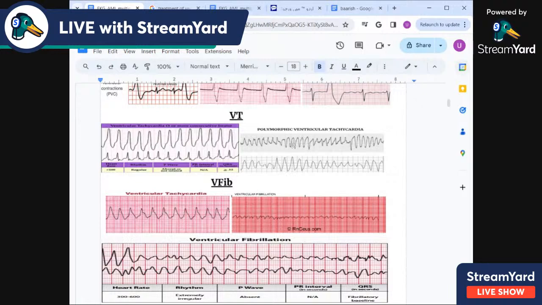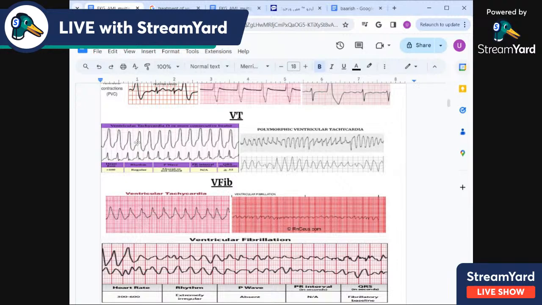This is ventricular tachycardia here. There are two types. In both of them, P wave is absent. This one is monomorphic and this one is polymorphic VTAC. In monomorphic VTAC, the QRS rhythm is regular, dead regular. P is absent, but QRS complexes are wide and the rhythm is regular.